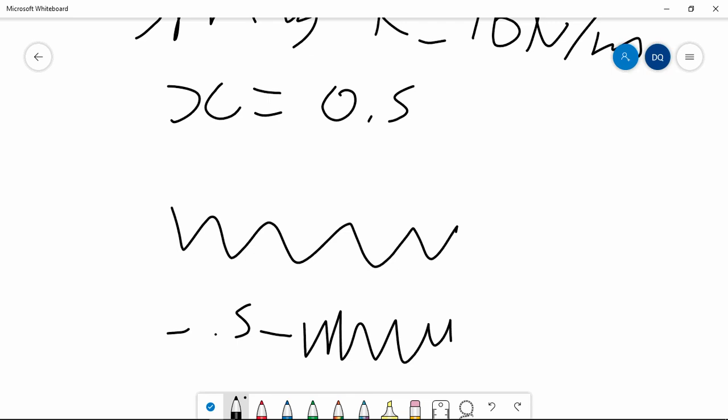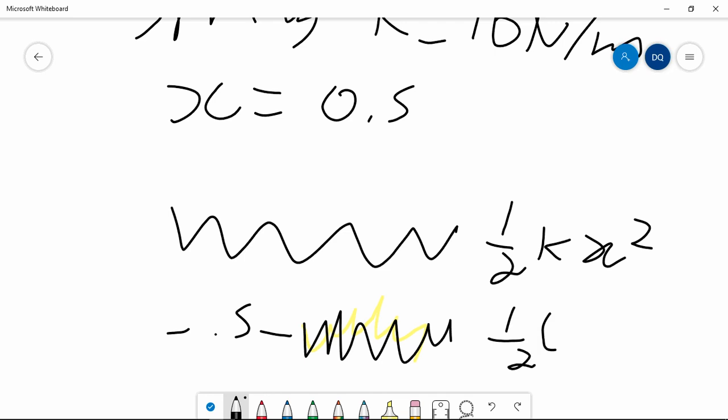The amount of work that it took me to do that and the amount of energy that is now stored in there is equal to half kx squared, or half of my 10 newtons per meter spring, that's the stiffness of my spring, times x, which is 1/2 squared.